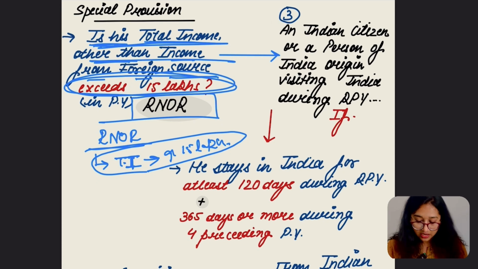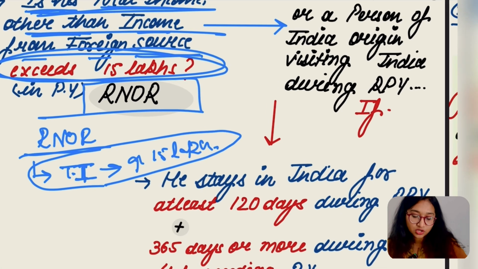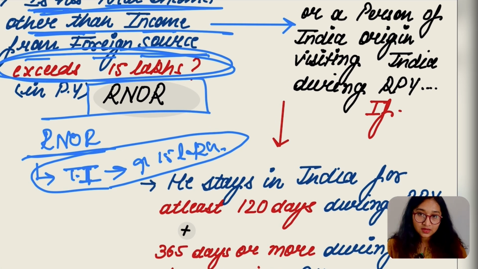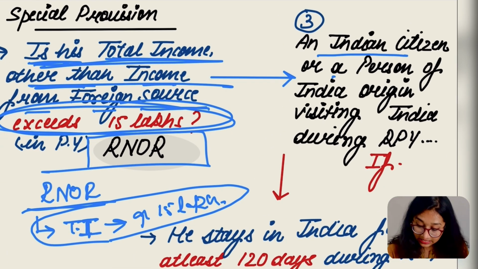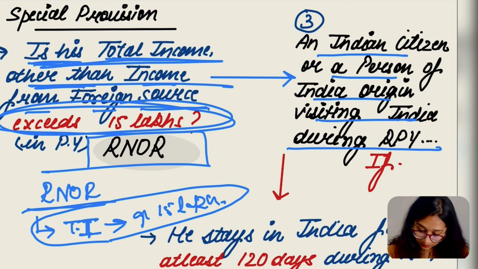Now let's go for the condition. They would be known as RNOR when an Indian citizen or a person of Indian origin is visiting India during the relevant previous year. We are talking about the third case.